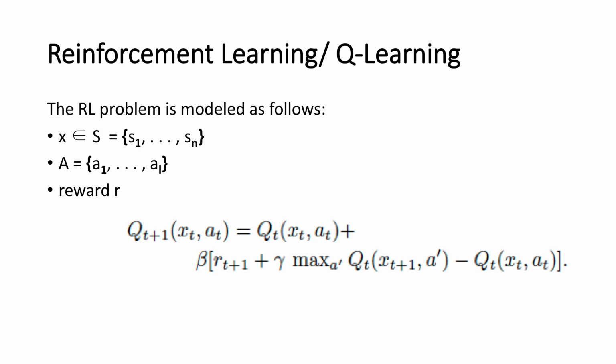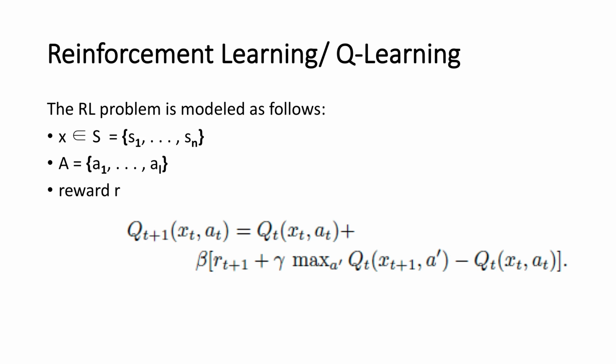Based on X and the corresponding Q value, the most suitable action, which belongs to the set A, is selected and executed.